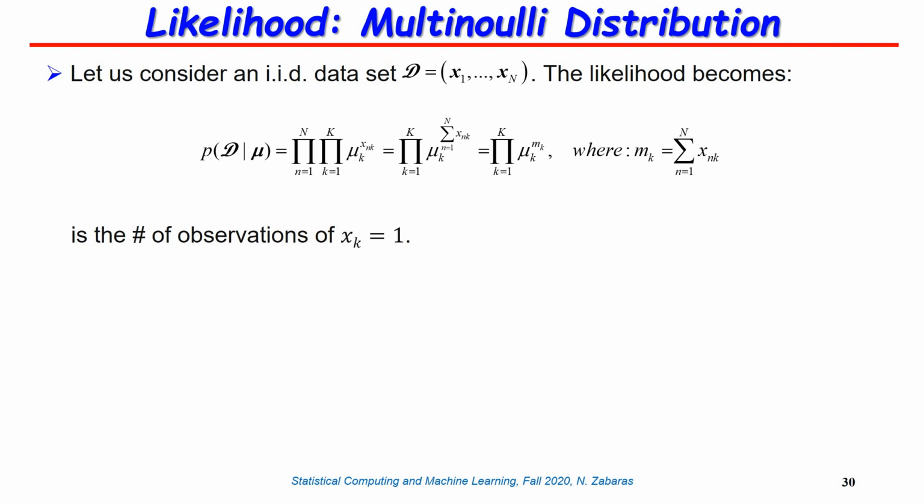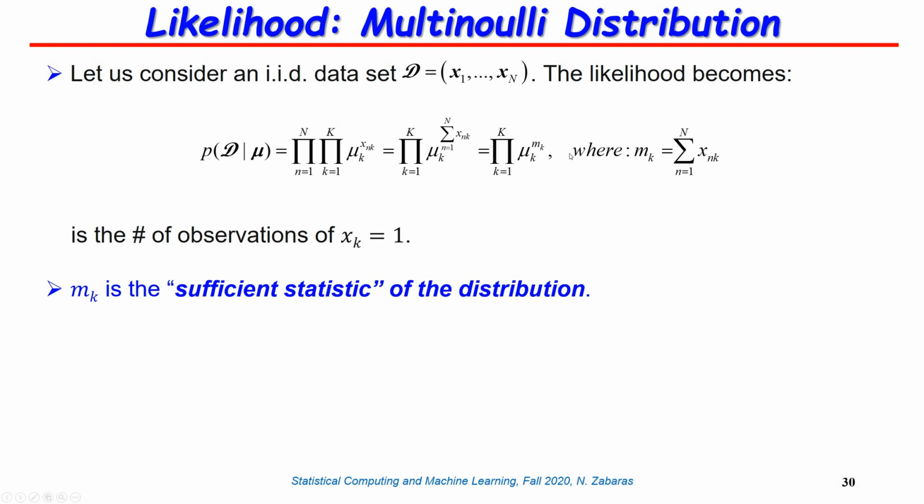If I sum x nk over all n, I get how many times, in my n experiments, this k state was on, and I call this m subscript k, the number of times the little k state was on when I conducted n experiments.